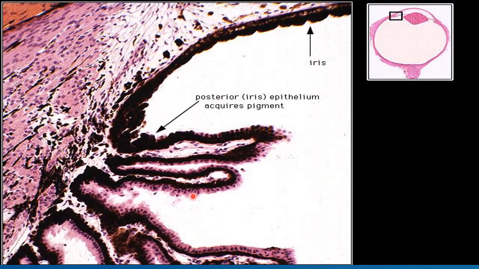This type of ciliary epithelium secretes the aqueous humor and synthesizes the fibrillin protein for the zonular fibers. Here, towards the posterior chamber of the eyeball, this is making up the root of the iris.